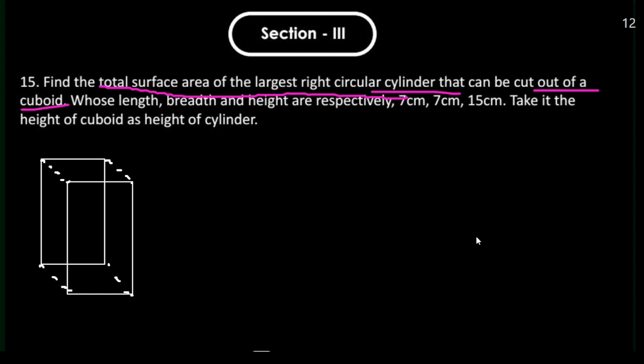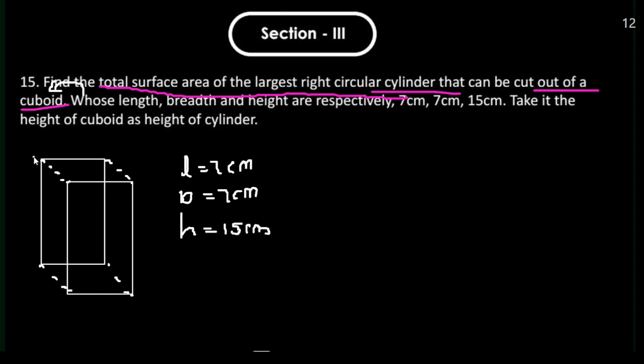Here he said that whose length, breadth, height are 7, 7, 15. Whose means the cuboid's length is 7 centimeter and breadth is also 7 centimeter, but its height is 15 centimeter, right?